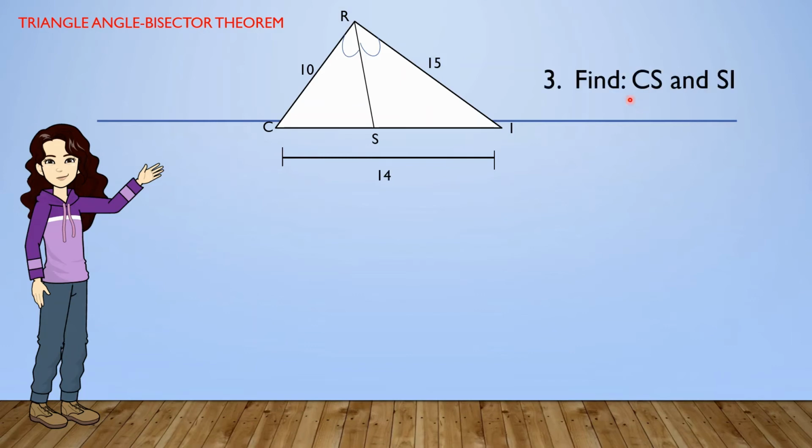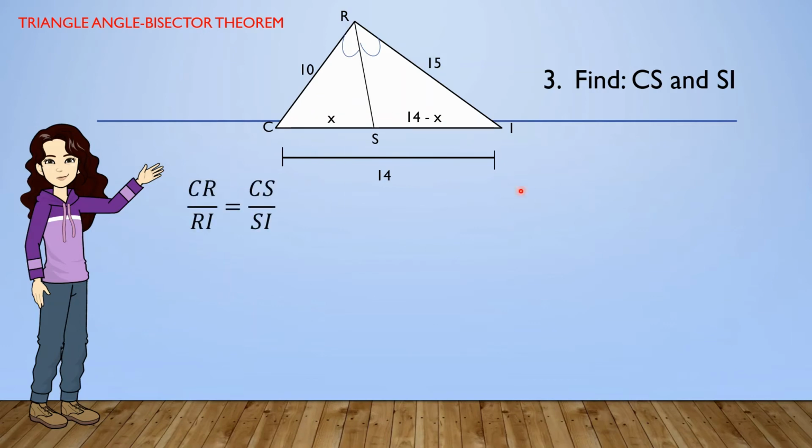Let us find the segment CS. We're going to use X for segment CS, and segment SI is 14 minus X.